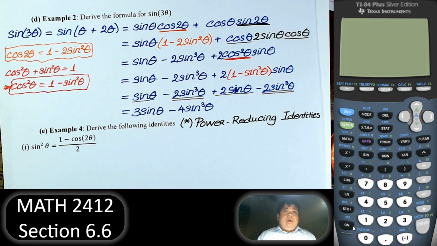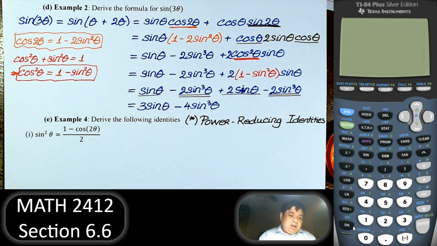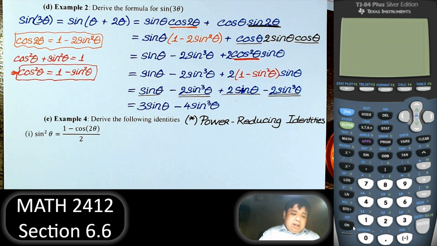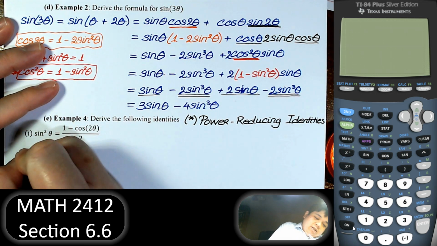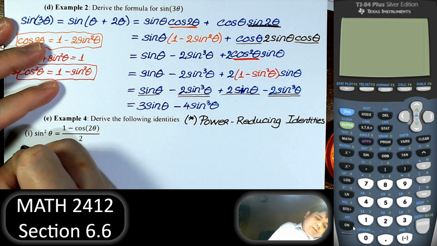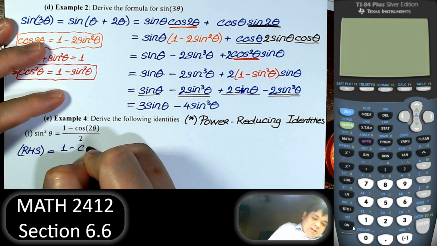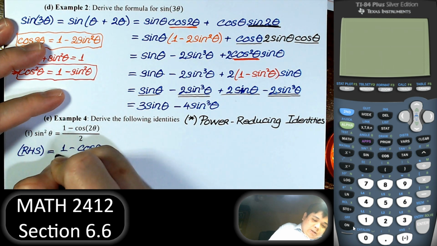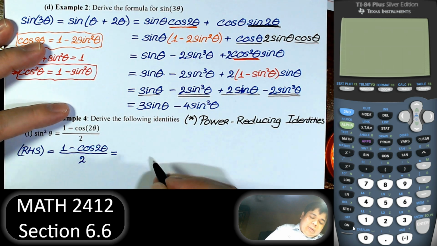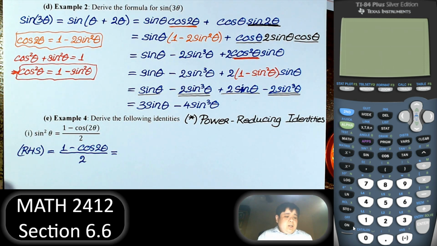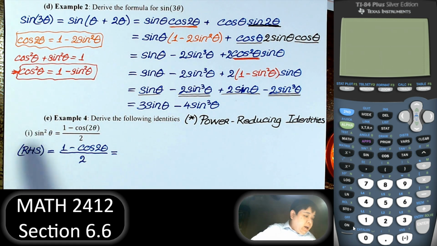Usually when we try to prove, we go from the more complicated side to the other side. So in this case, let's prove this by starting from the more complicated side, the right-hand side. Notice that we're trying to end up on the left-hand side with sine square.